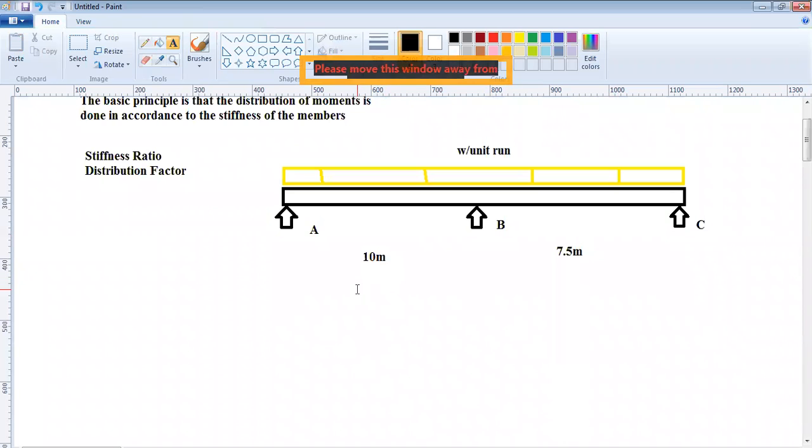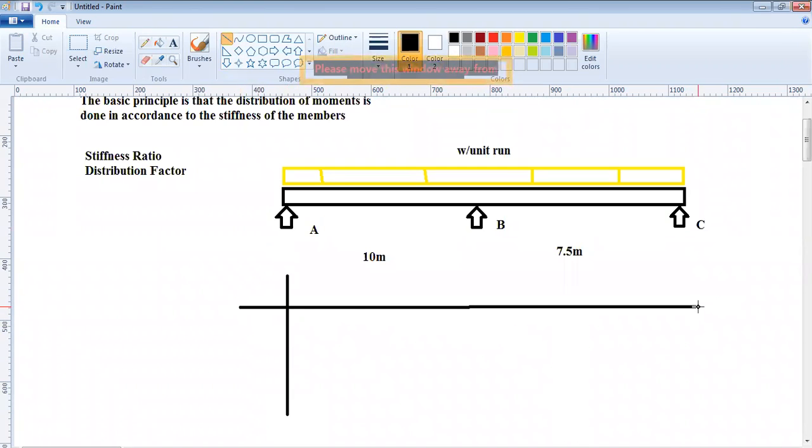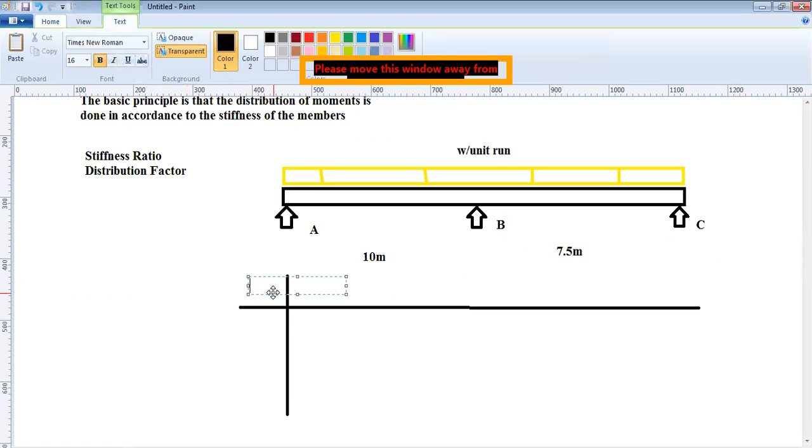Now, what is the first step that we did in the last question on the moment distribution? Can any one of you give me an idea? What was the first step that we did? Can anyone recall what was the first step? We calculated the fixed end moments.